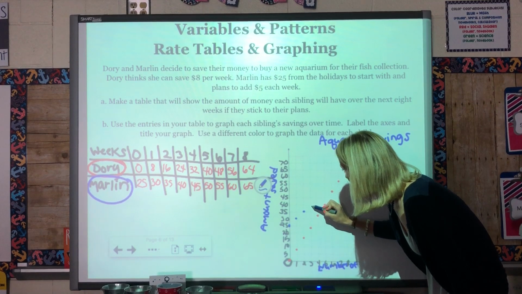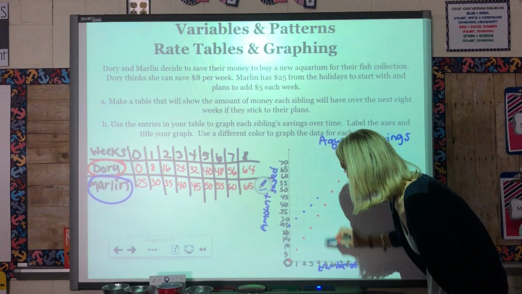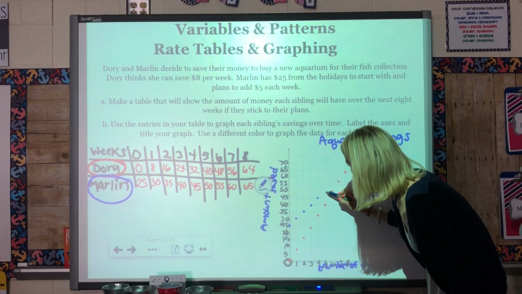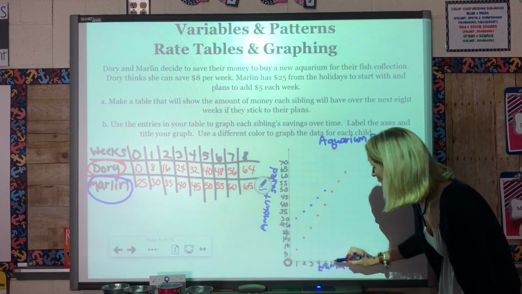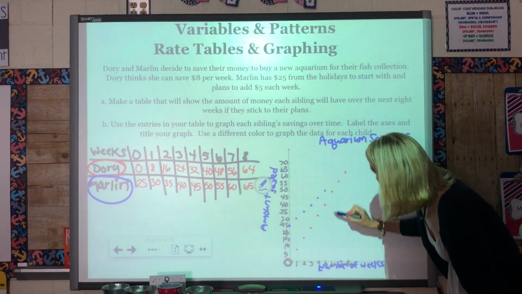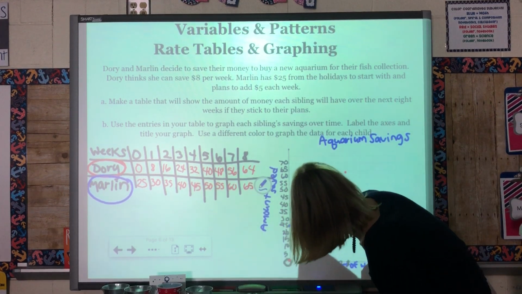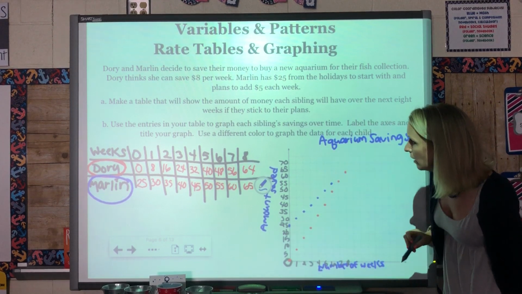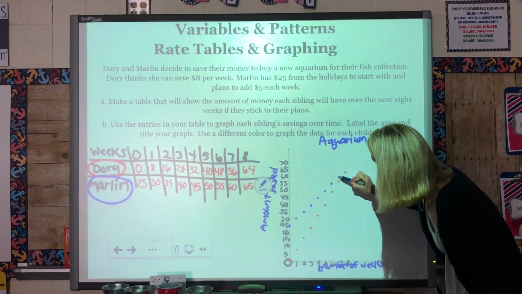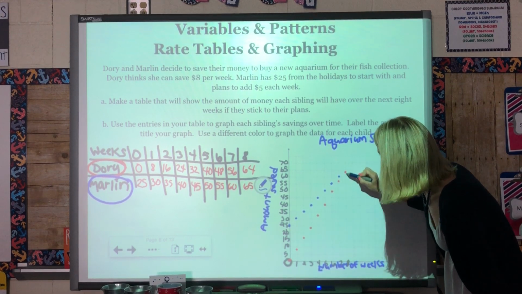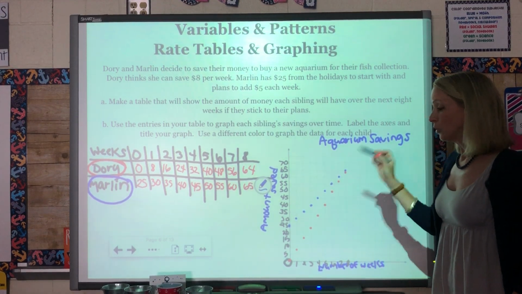Week 3, we're up to 40. Week 4, 45. Week 5, we're at 50. Week 6, we're at 55. Week 7, we're up to 60. And then week 8, $65. Just a little bit ahead of Dory.